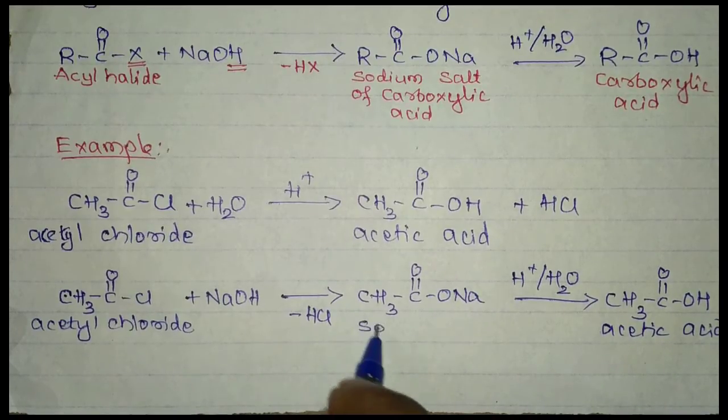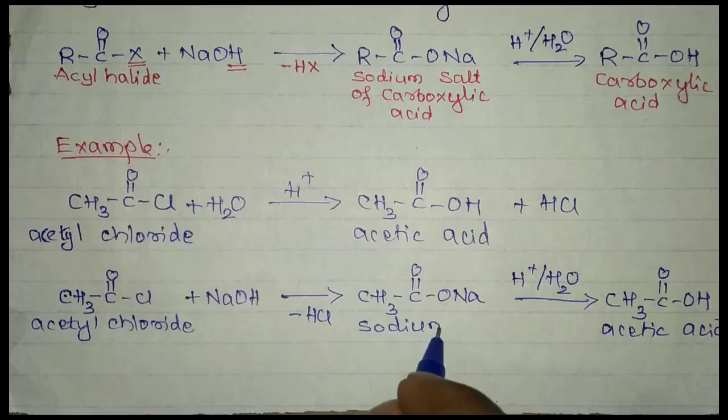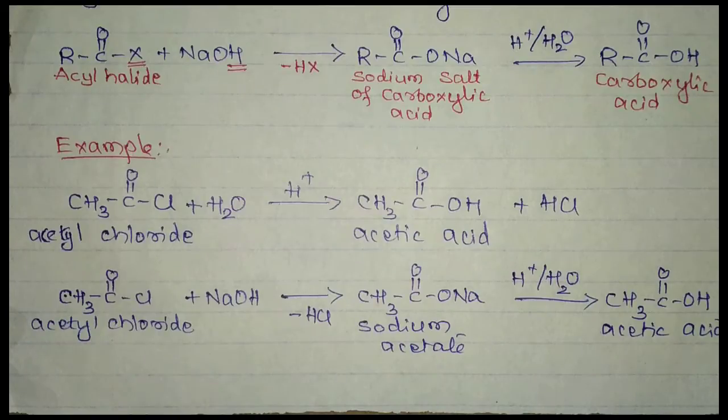This is sodium acetate, the sodium salt of acetic acid. This is how we can prepare carboxylic acid starting from acetyl chloride or acyl halides.